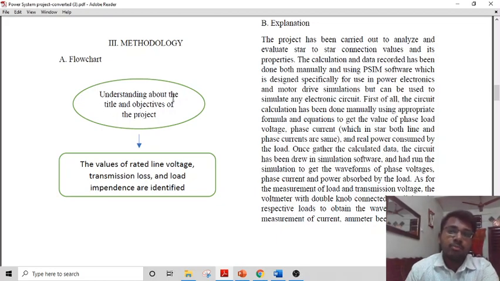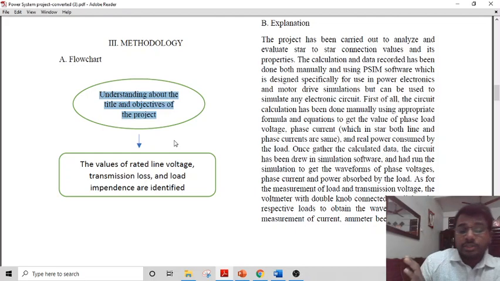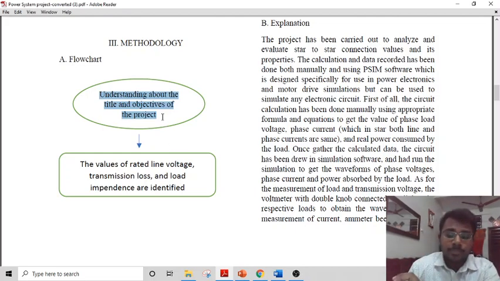So, methodology. The flowchart is about how I did this project, the procedures and the techniques that I used to complete it. First of all, understanding the title and the objective of the project is very important, because based on this, we will analyze and search for the things needed for our project.